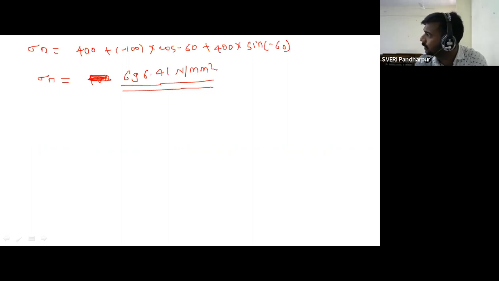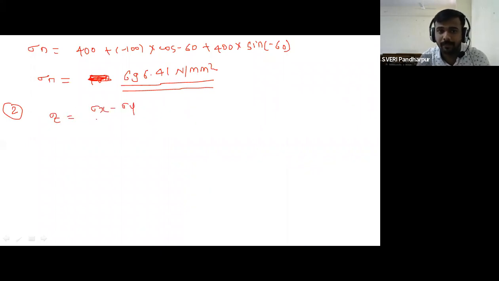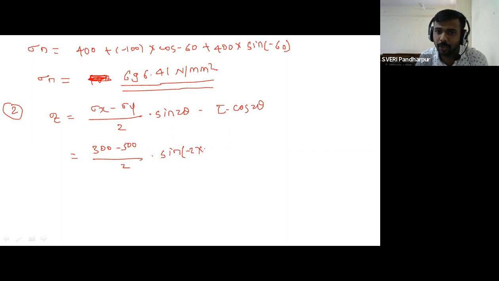Then next, sigma t is equal to (sigma x minus sigma y) divided by 2 into sin 2 theta minus tau into cos 2 theta. So here once again, (300 minus 500) divided by 2 into sin of minus 2 into 30, minus tau 400 into cos of minus 2 into 30.